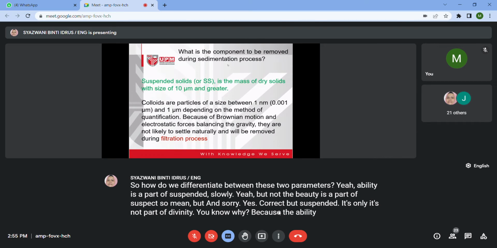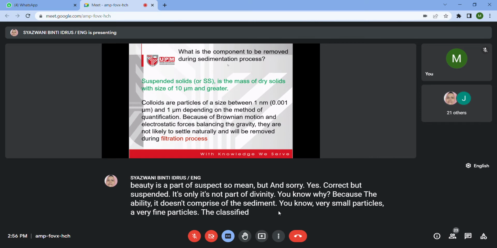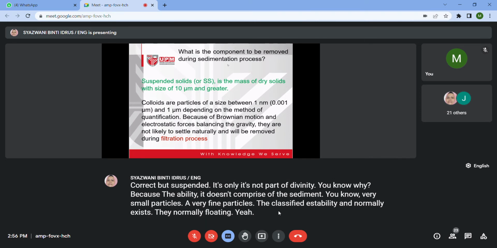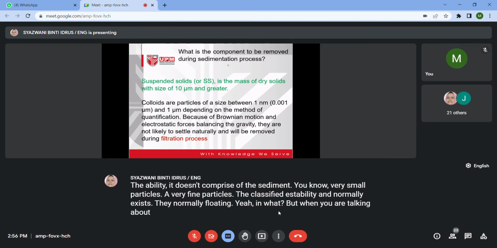Turbidity doesn't comprise the sediment. Very small, very fine particles are classified as turbidity, and they normally float in water. But suspended solids include the sediment, the bed load.